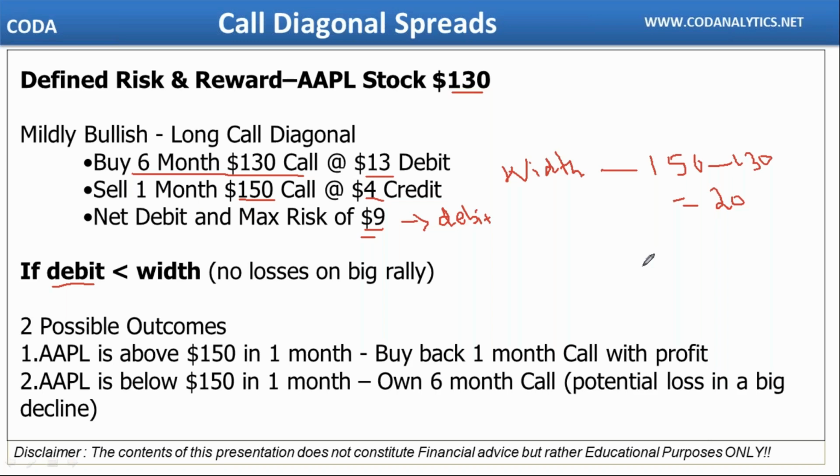Let's take an instance, let's look at it this way. We have bought the 6-month call at 130.